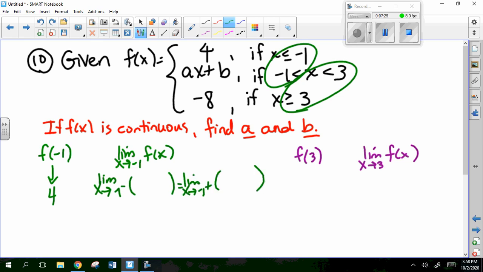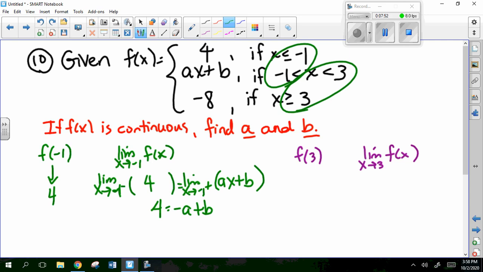All right, so the left is the top line, but the right of -1 is the middle line. And when I find those limits, I get 4 on the left and -a plus b on the right. And that by itself does not help me solve for a or b.